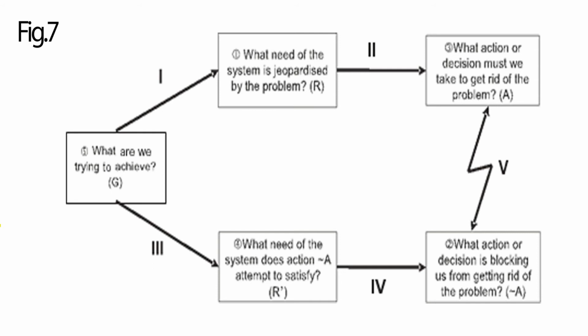And then, of course, G is the common goal that these developed countries are attempting to achieve. A are the actions: what actions or decisions must be taken to ensure that this problem of migration is handled properly?